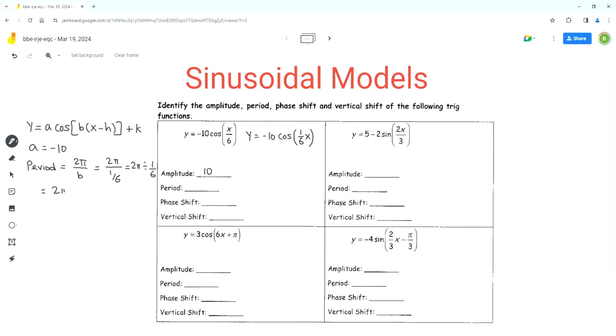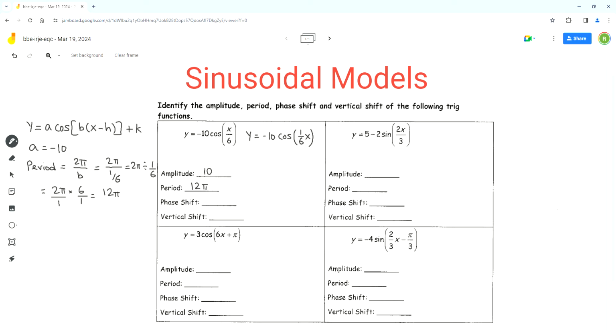So for that we'll flip the fraction after the division sign. So we get 6 over 1. Now the denominator of 2 pi is 1. So we can multiply these fractions by multiplying the numerator terms, 2 pi times 6, which is 12 pi. And the denominator is just 1, so we can ignore that. So the period of this function is 12 pi.